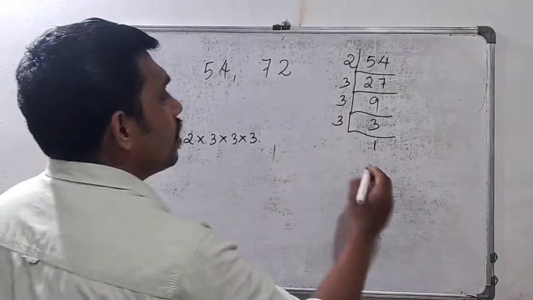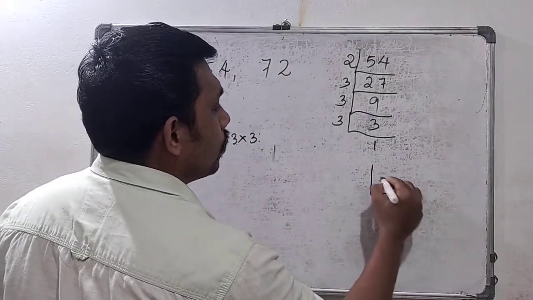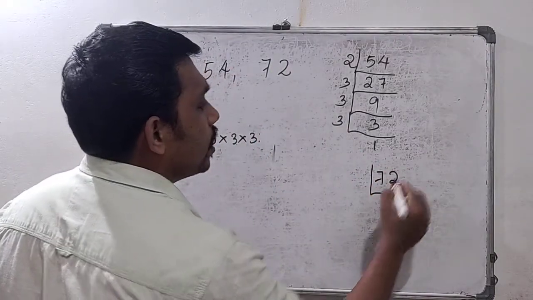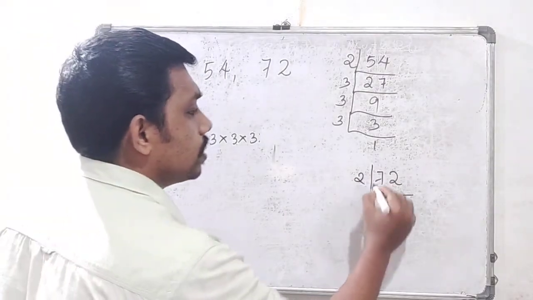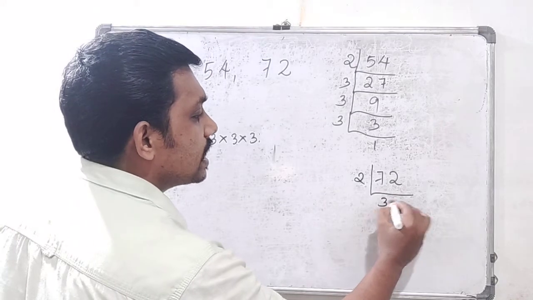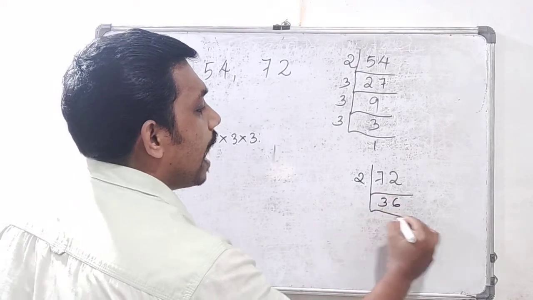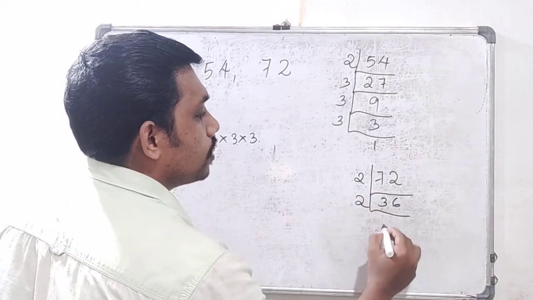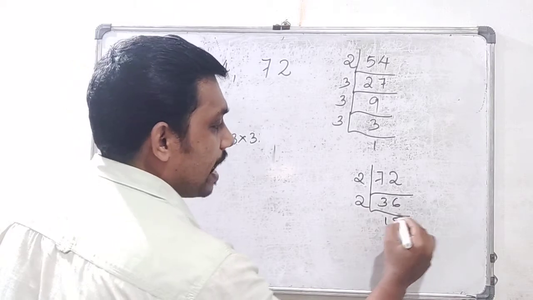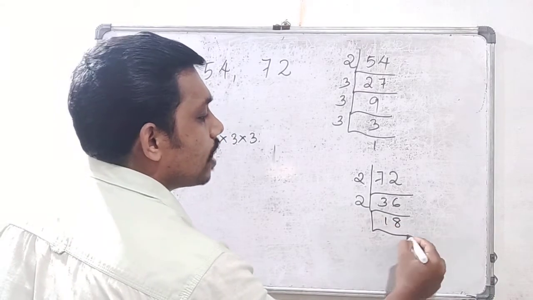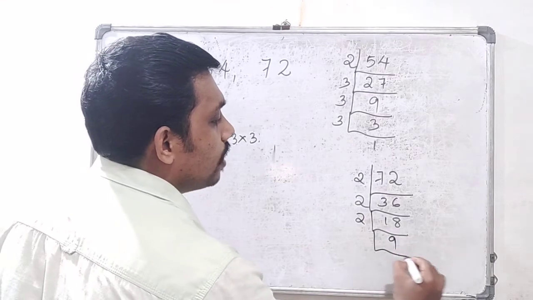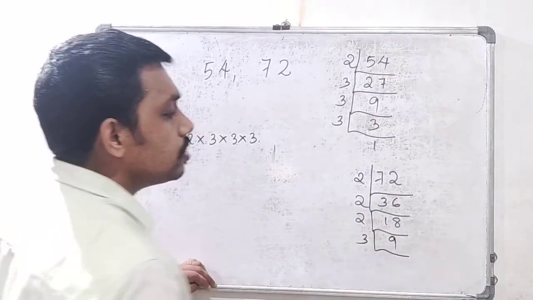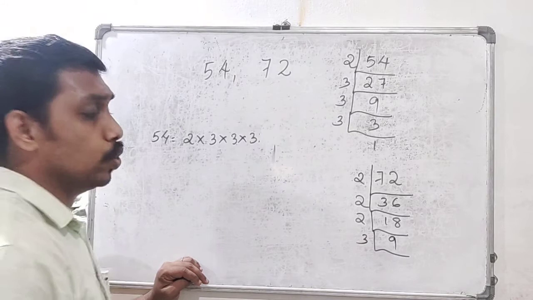Now we need to find the factors of 72. We divide 72 by 2 first. We get the answer 36 as quotient, and again we can divide 36 by 2. We get the answer 18, and again we can divide it by 2. We get the answer 9. Then we divide 9 by 3 because 9 cannot be divided by 2.